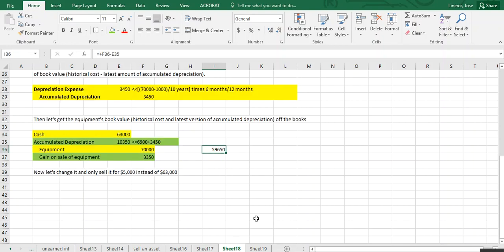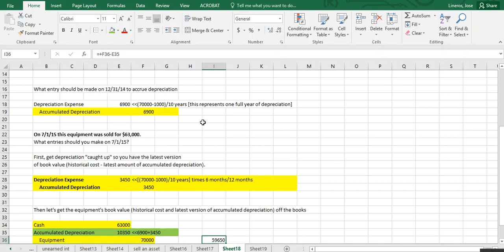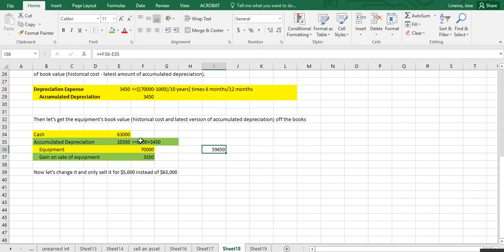If, for example, you know that 59,650 is the net book value, then to get the gain or the loss, you just take the amount of cash, however much it's sold for, and subtract the net book value. In this particular problem I'm working, we know what the historical cost is, and we've caught up accumulated depreciation to the date of the sale.